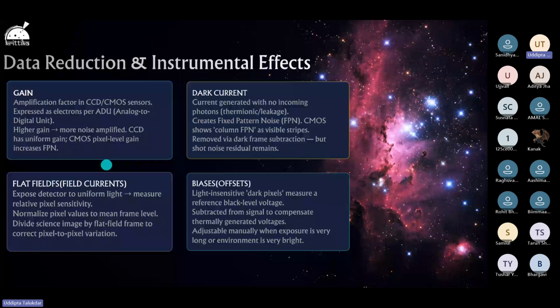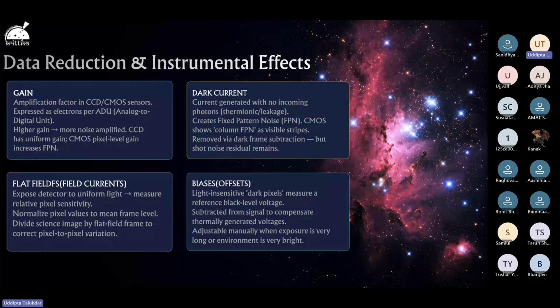As a solution to this, we picture a uniformly lit surface, a white wall or a light panel, and every pixel should read the same. The ones that don't reveal the sensitivity offset: the ones that read lower are less sensitive, and the ones that read higher are more sensitive.